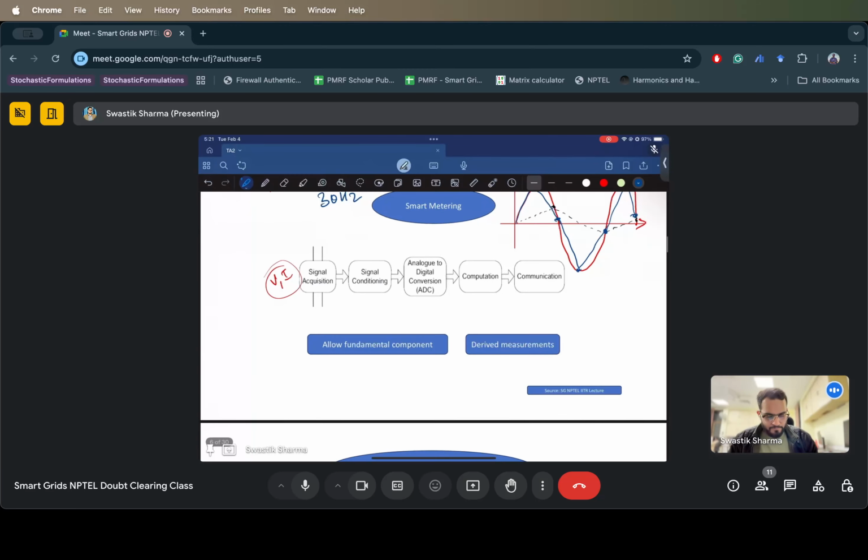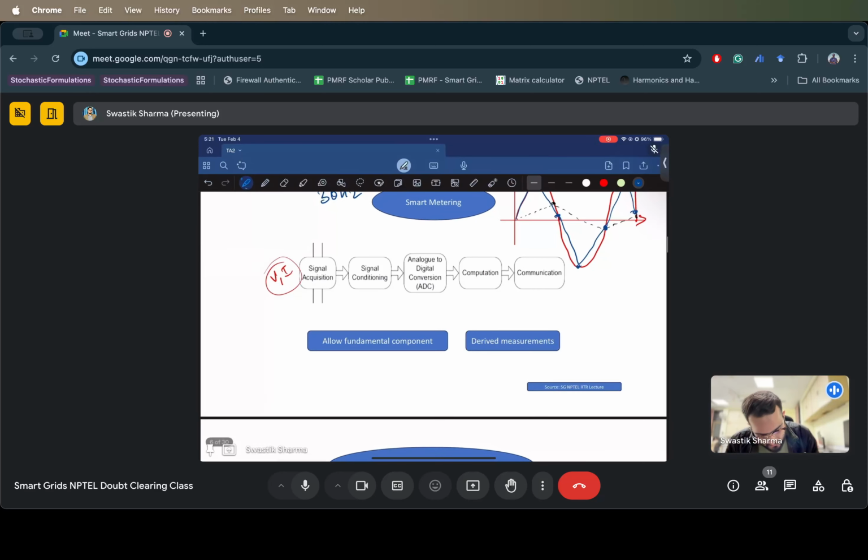So the fundamental thing is that the frequency of the input signal should be less than or equal to twice, right? Or I should not say twice, I should say the Nyquist frequency.